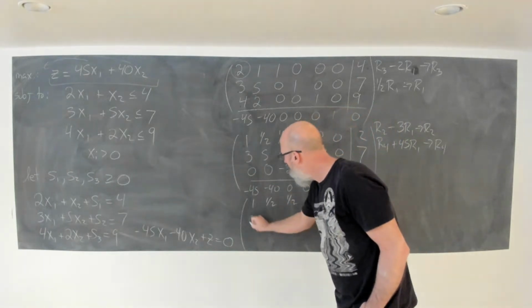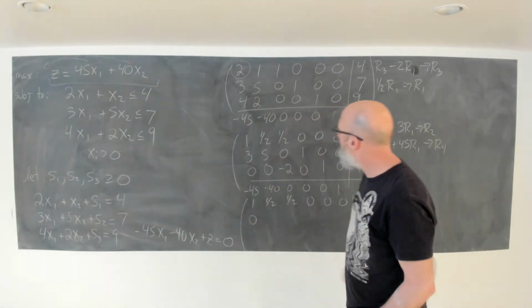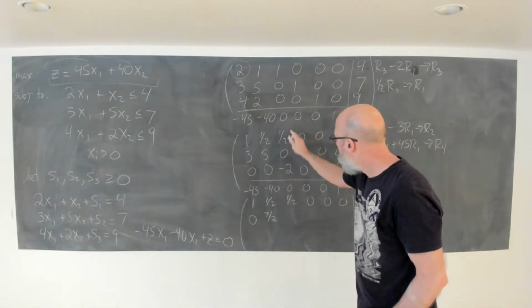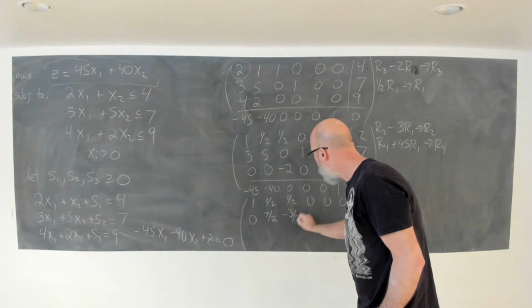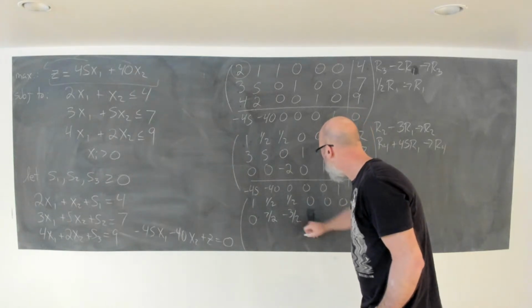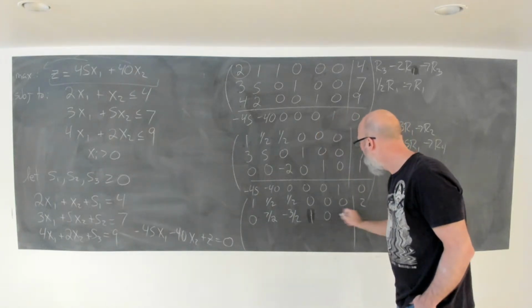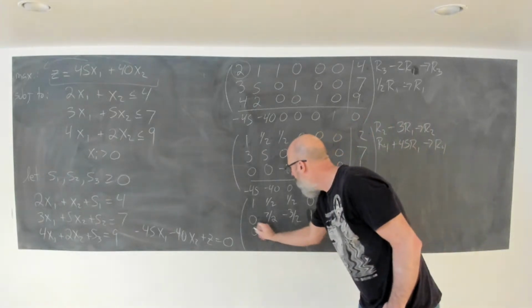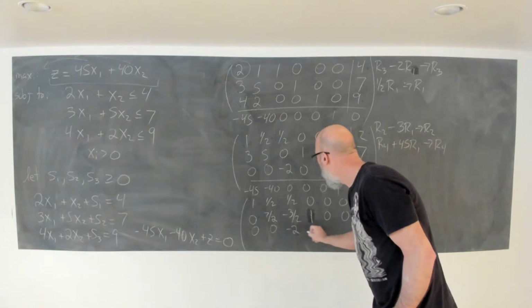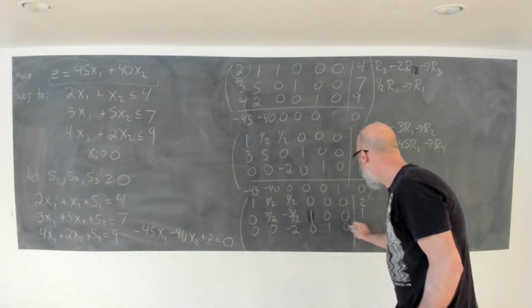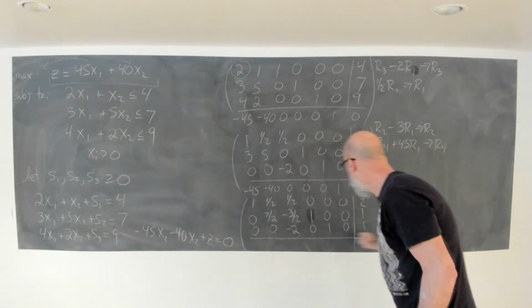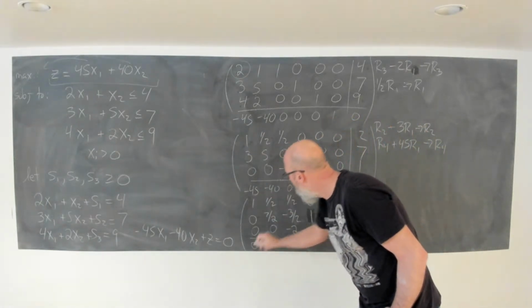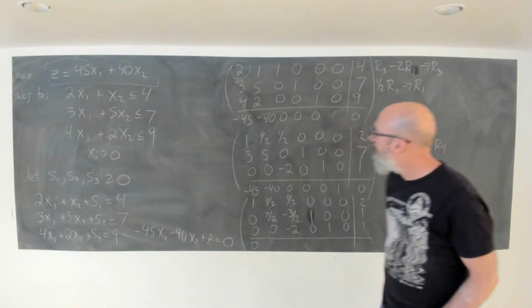This minus 3. This minus 3, so 10 minus 3, 7. This minus 3. And this plus 45. This plus 45.